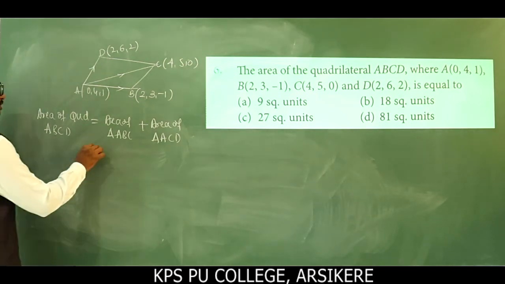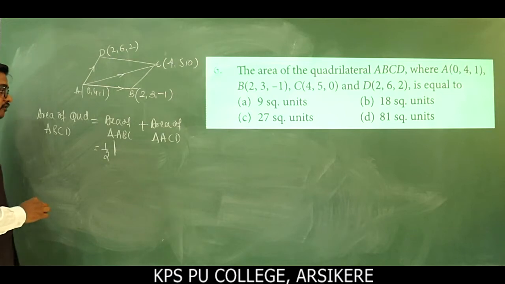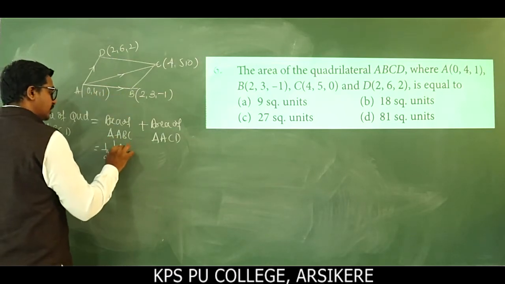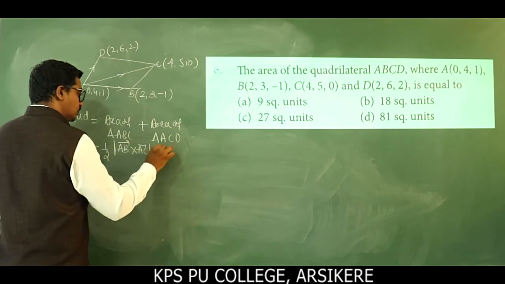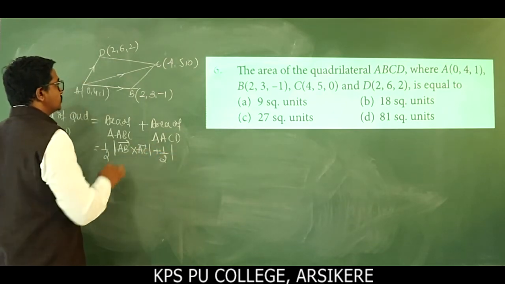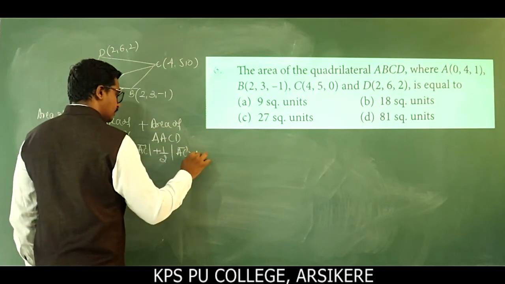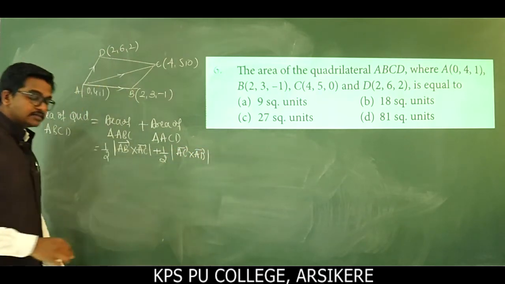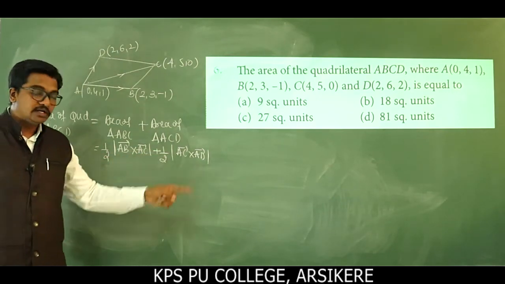Therefore, this becomes 1/2 times magnitude of AB cross AC plus 1/2 times, similarly, AC cross AD. First we need to find vector AB, vector AC and vector AD.